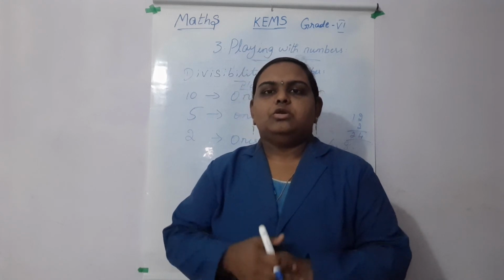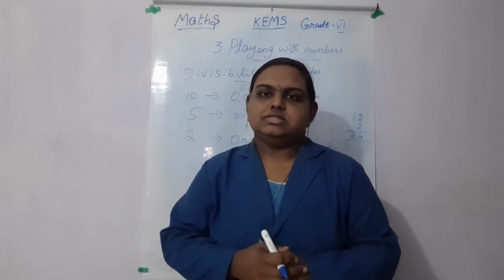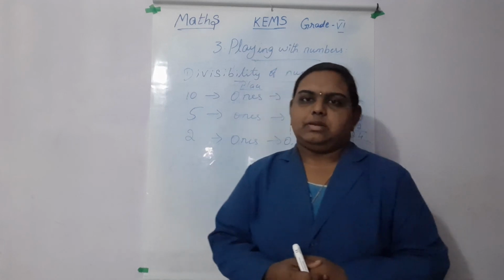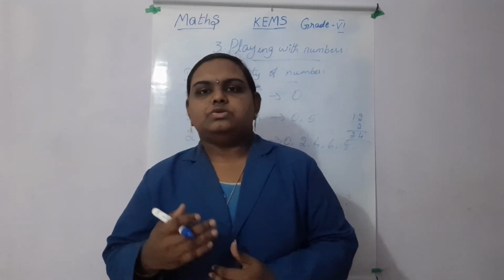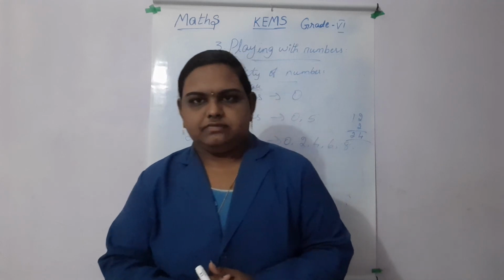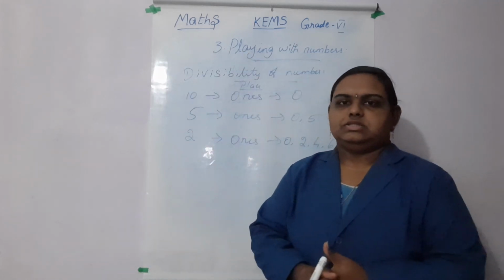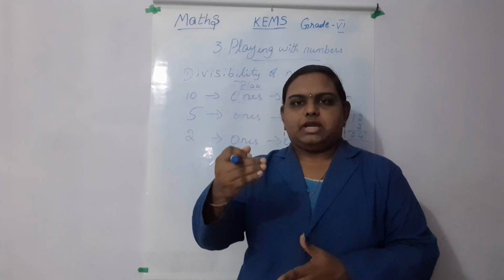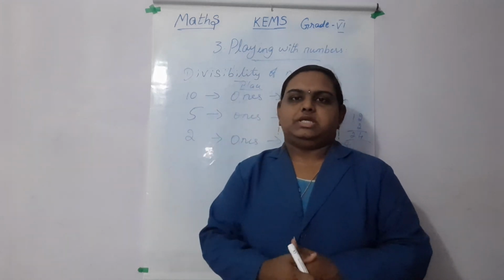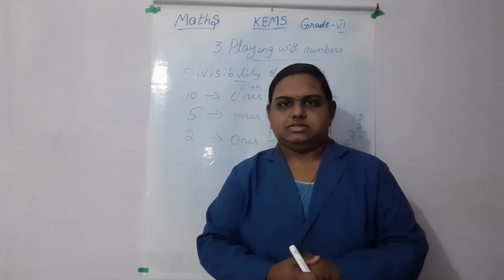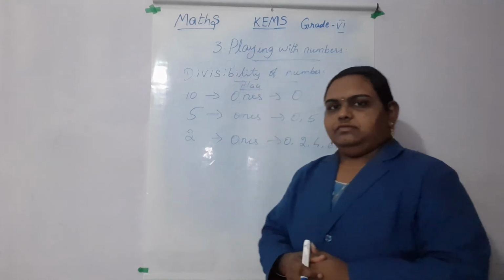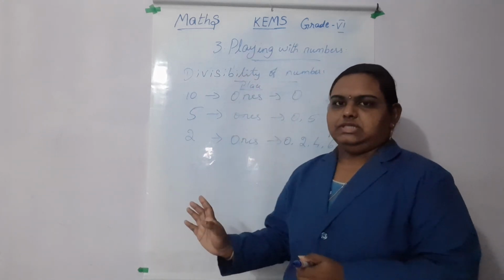If you have more than 2 factors, it is known as a composite number. Okay. Then we saw how to find the factors of a given number. First we have to write the possible multiplications of the given number. Then we have to write the factors. Okay. Then we learned divisibility.